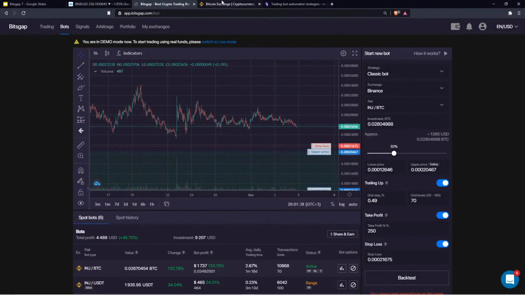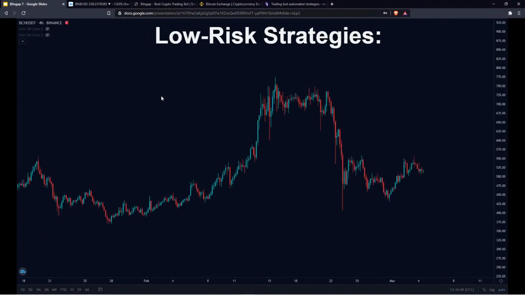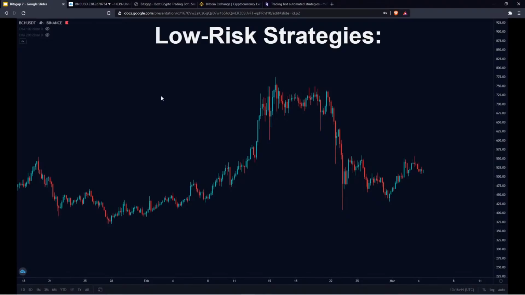So you now know that there are high yield and low risk strategies. High yield strategies is when you have the risk exposure simultaneously to two cryptocurrencies, like for example ETH and Ethereum. And low risk strategy is when you are exposed to the value change of only one crypto. For example, in this case, that's Bitcoin Cash, and that's it.